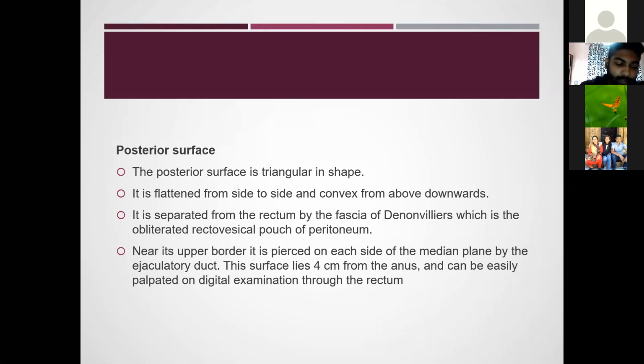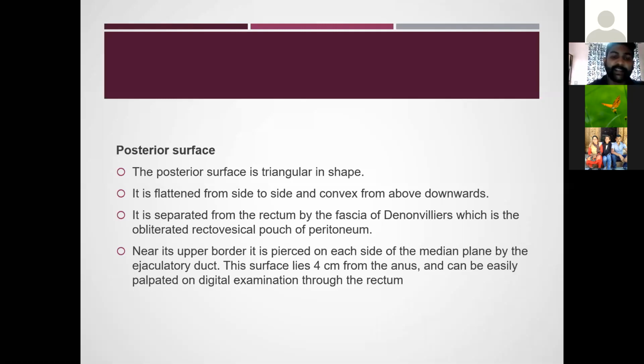The fascia of Denonvilliers is a membranous partition at the lower end of the rectovesical pouch. It separates the rectum from the urinary bladder and the prostate.